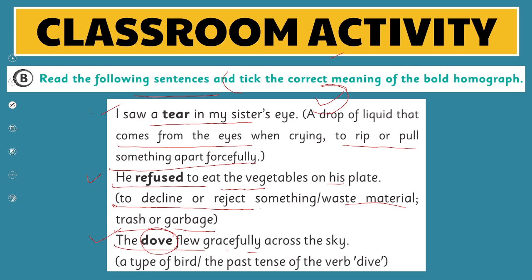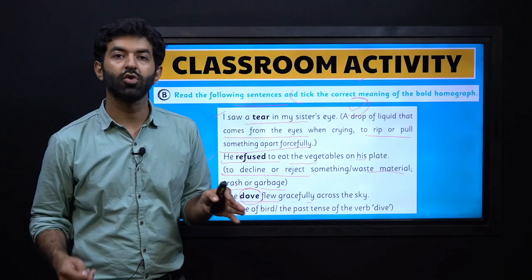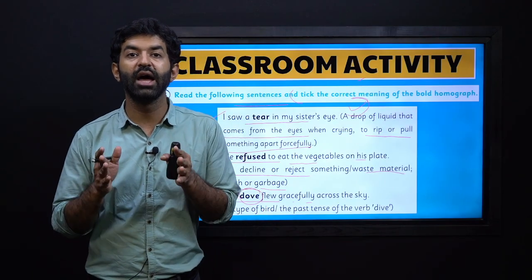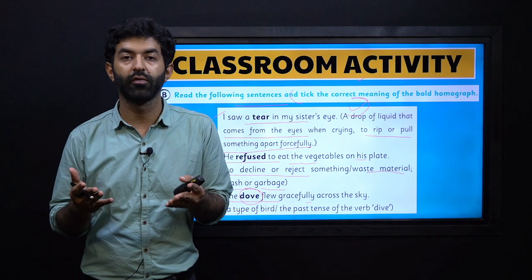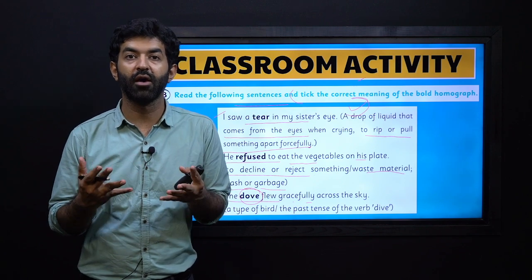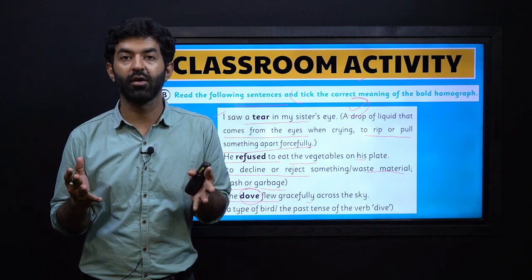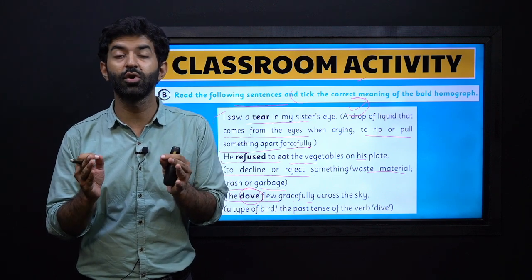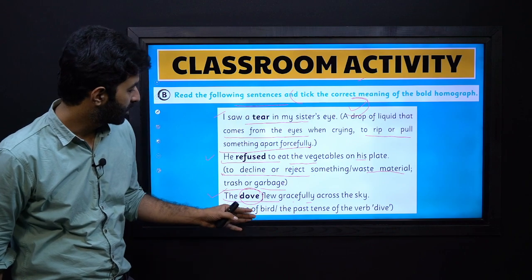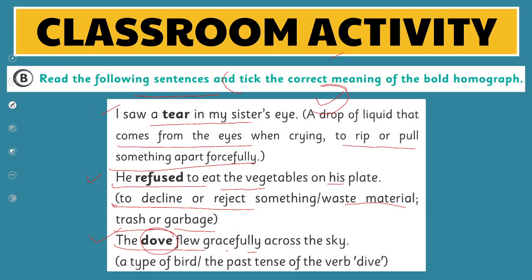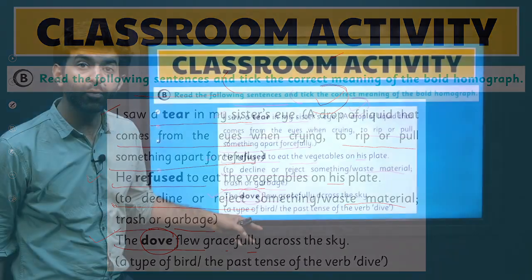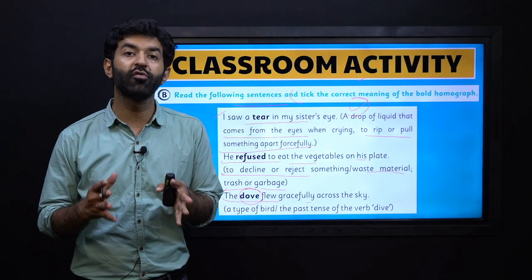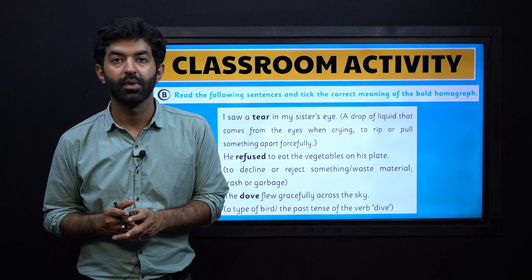A type of bird, or the past tense of the verb dive. Dive and dove, and there is another word, dove. Which of these is the right one? The dove flew gracefully. Yes, we are talking about a type of bird.